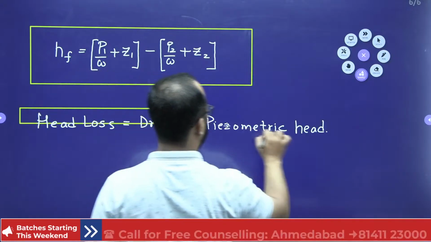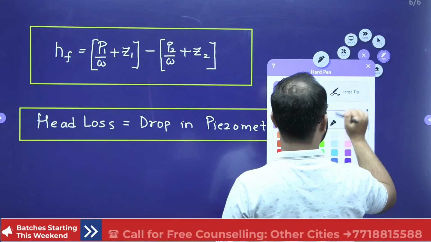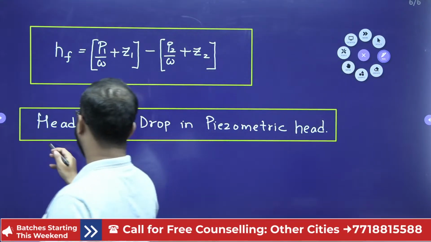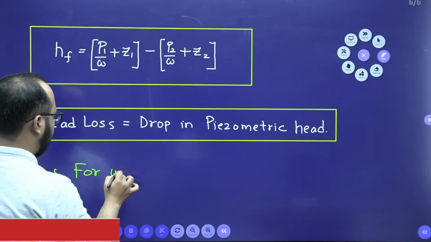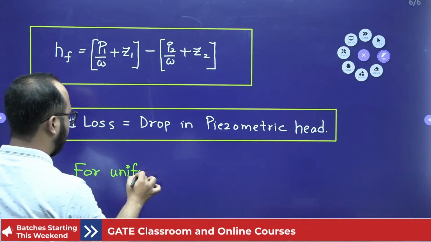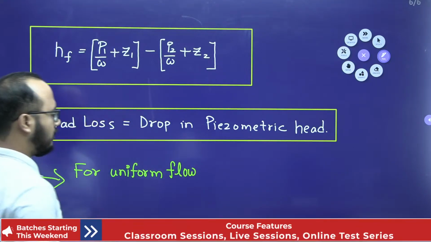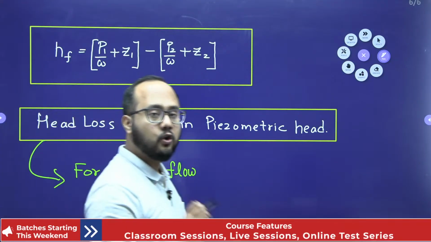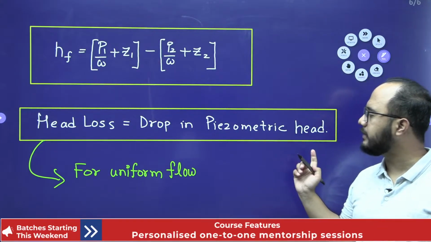But what is the condition, guys? The condition is uniform flow. For uniform flow, whatever head loss there is equals the drop in the piezometric head.